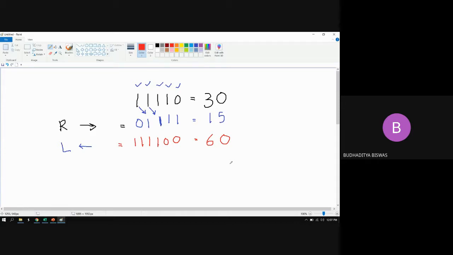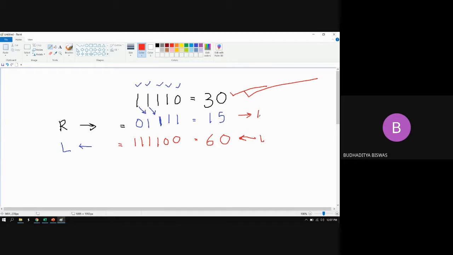So you see my original data, which was 30, and if I divide it by 2, then it will be 15. So that means for dividing the number by 2, we just require to shift the data 1 bit towards the right direction. And if we multiply the original data, then we require to shift the data 1 position towards the left.